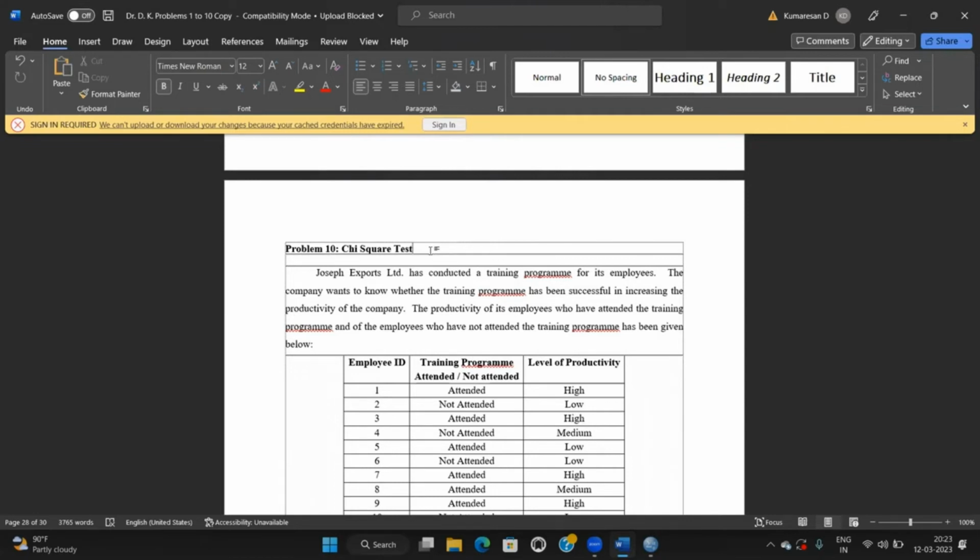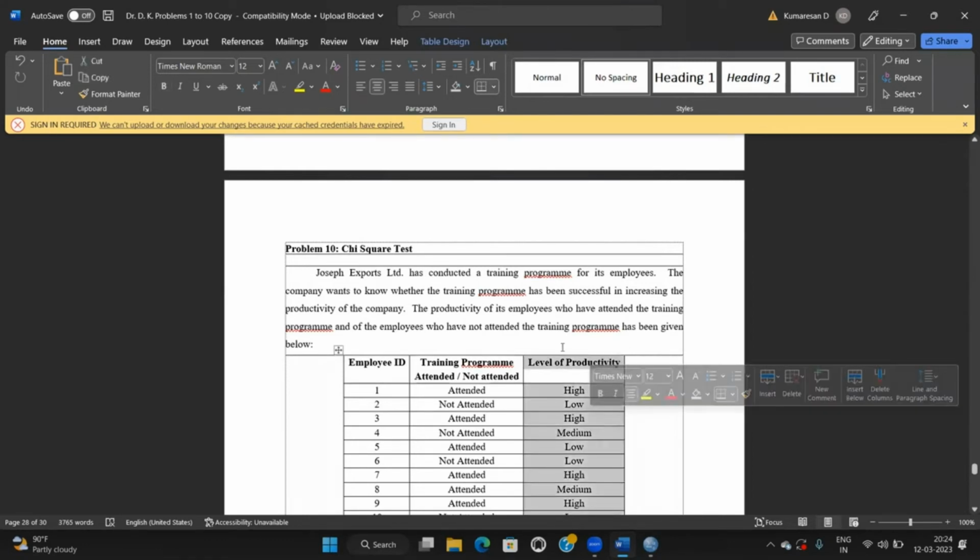In what way is it different from the Mann-Whitney U test? See here, there are two samples, attended, not attended. Level of productivity, high, medium, low. It is ordinal data.